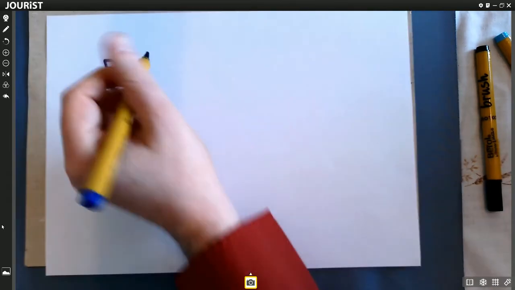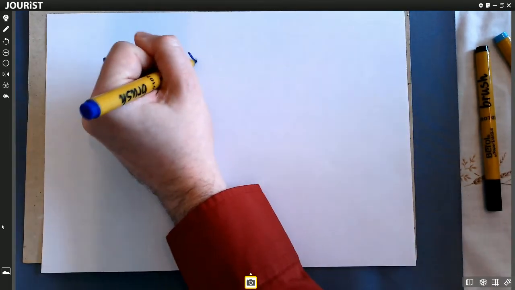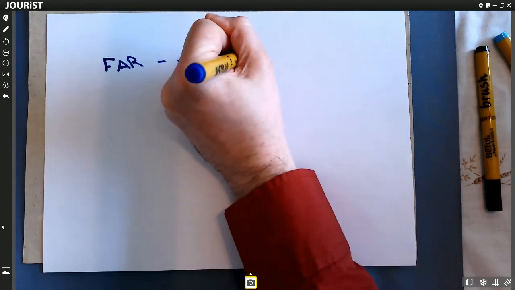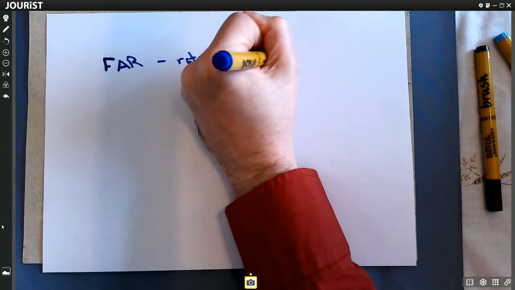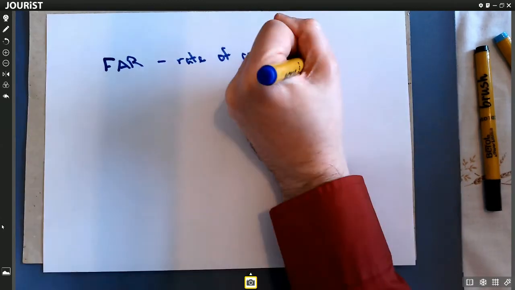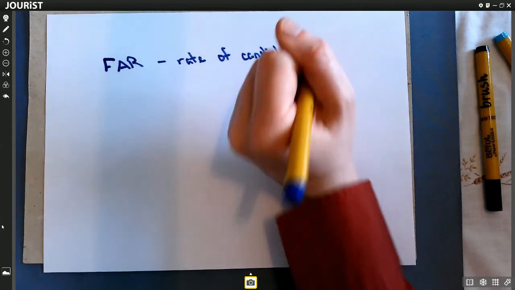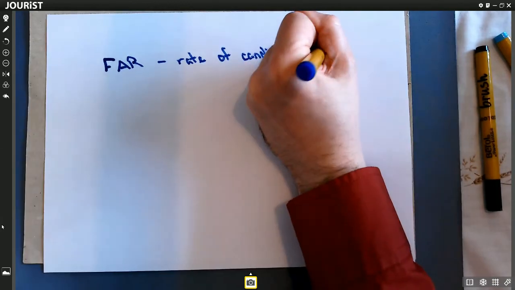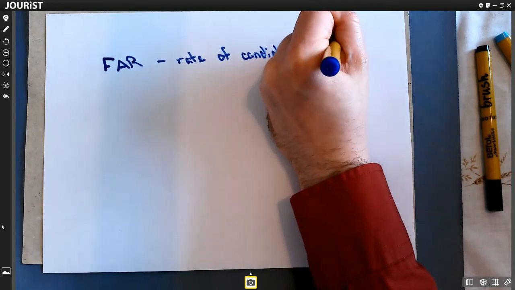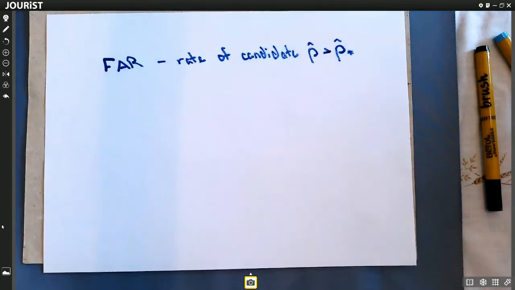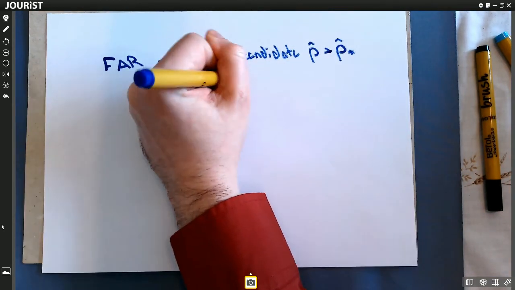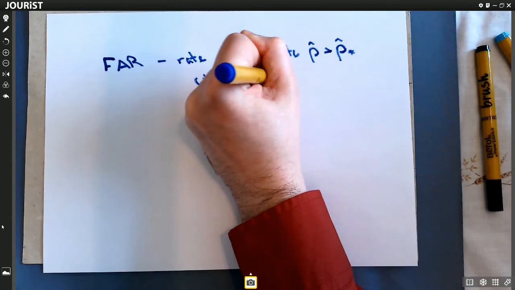This is the rate of candidates with ranking statistics, let's use the rho hat of PyCBC just as a standard, at least as high as whatever is observed, when there is only noise.